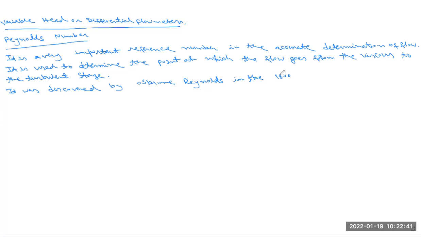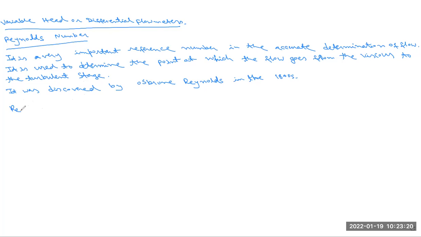So this is a parameter we have to use in flow measurement with variable head or differential flow meters. We use this very important reference number in the accurate determination of flow, and it is used to determine the point at which the flow goes from the viscous to the turbulent stage.